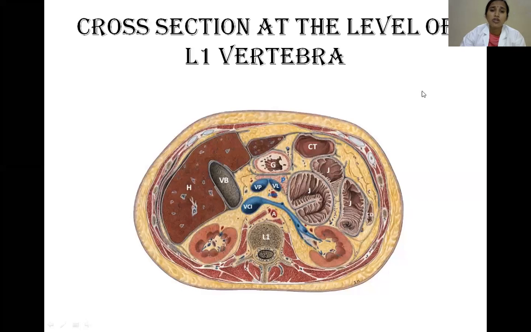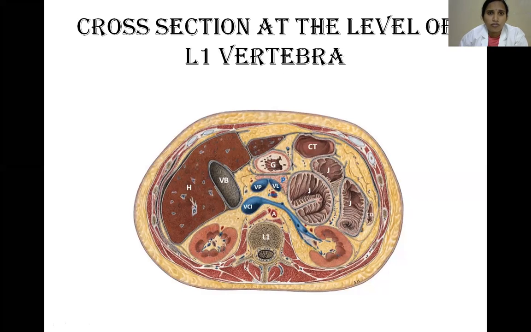So that is the importance of the L1 vertebra, because it is the site for the location of the transpyloric plane, and in this plane you are going to see a lot of important structures. You can locate the hilum of the spleen and kidney also at this level. I have listed these structures here.